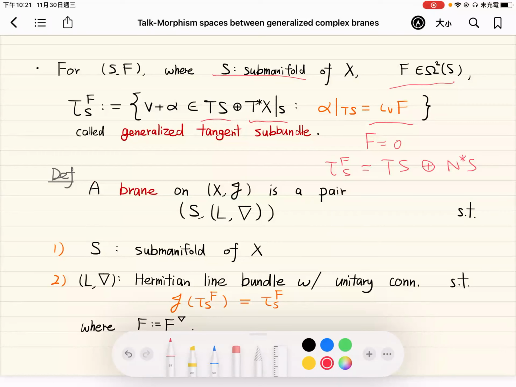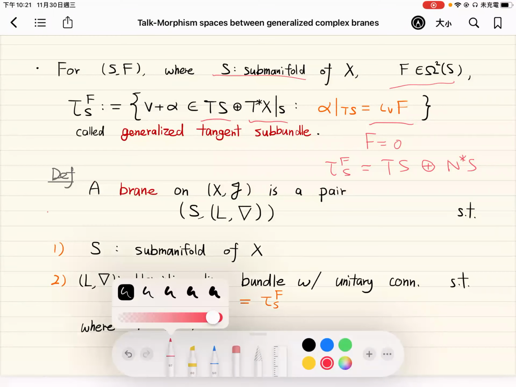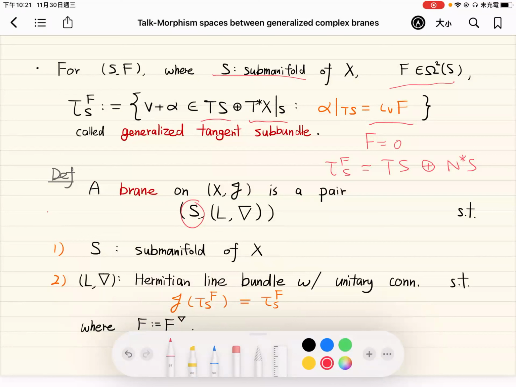Having this kind of notion, we can also talk about the brane, the generalized complex brane, or brane in short, on a generalized complex manifold. It consists of a pair containing the submanifold S and also a Hermitian line bundle L here, with unitary connection, such that the generalized complex structure preserves the underlying generalized tangent subbundle.